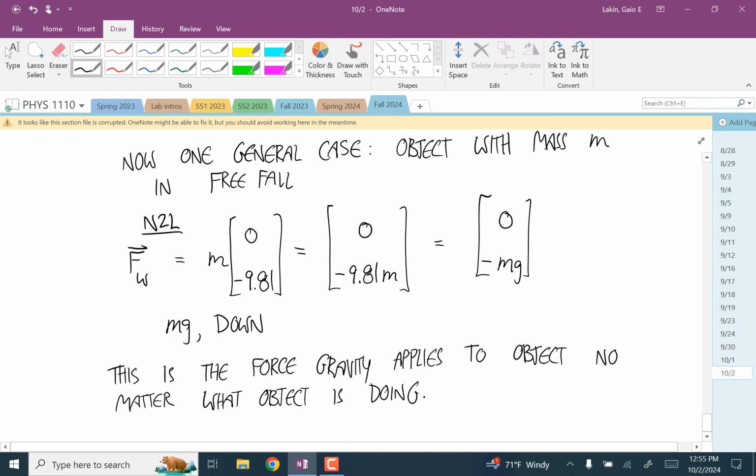Okay, so an object, like a 1 kilogram object sitting on the table, gravity is applying a downward force of mg. That same object, if you drop it off the table, gravity's pulling just as hard on it as it falls. That never changes, okay?